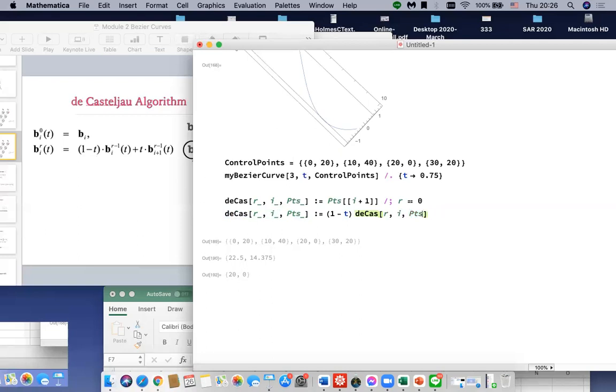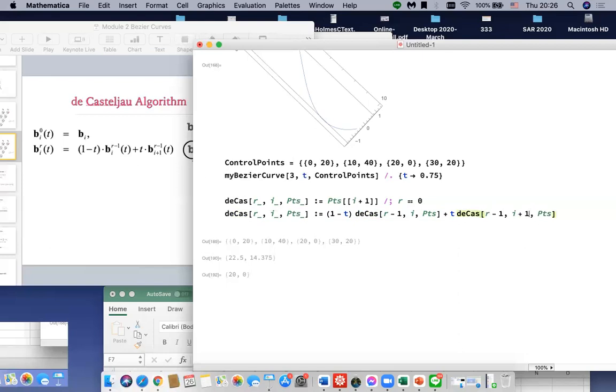As you guys have asked me, r and then r minus 1, i, and point, and then plus t, r minus 1, i plus 1.